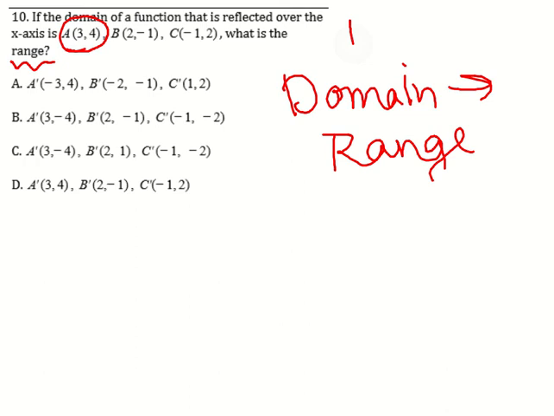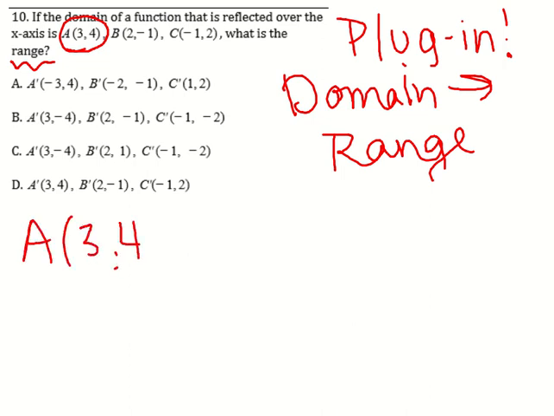If we're going this way, we're going to plug in. A is (3, 4). Remember, this is your x and this is your y.